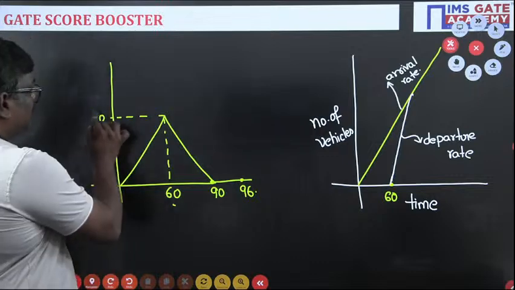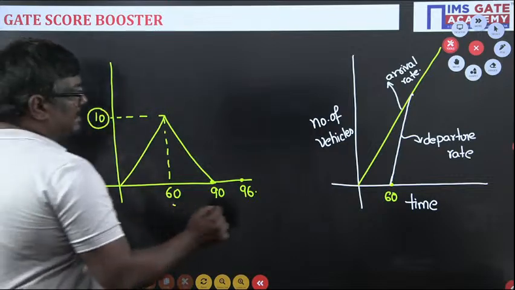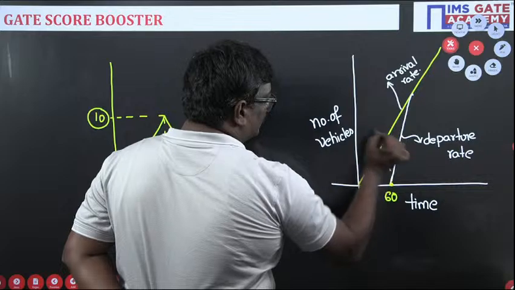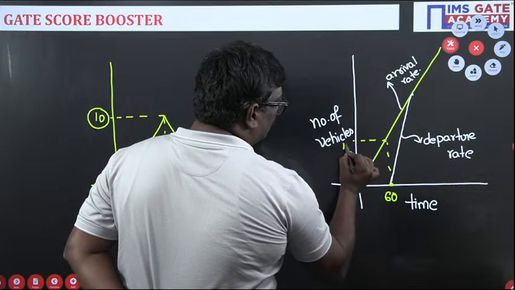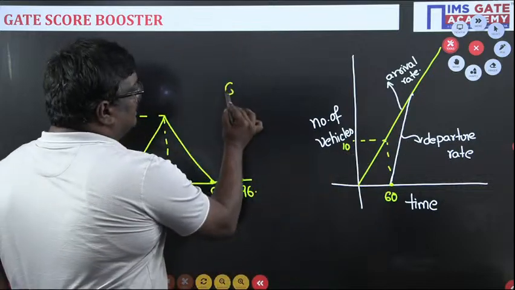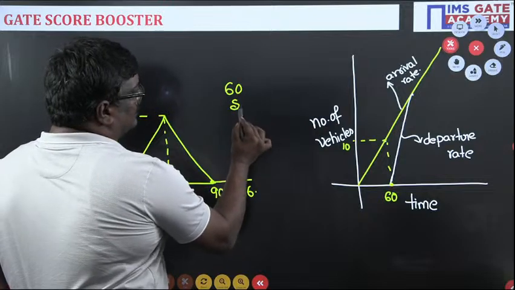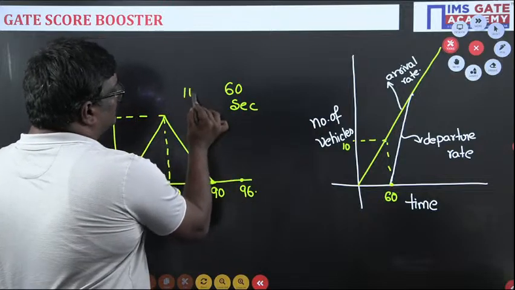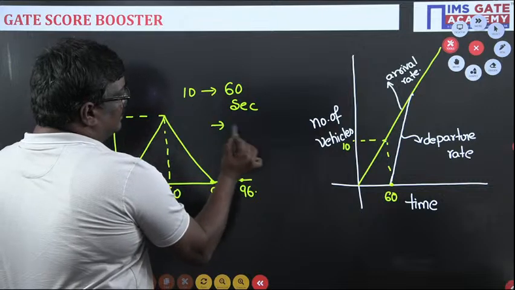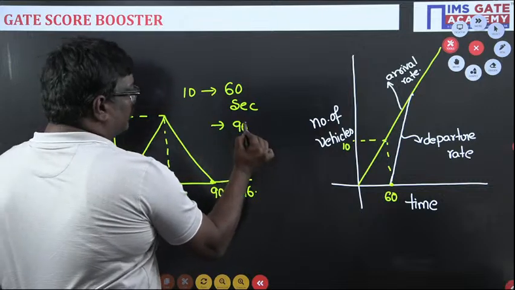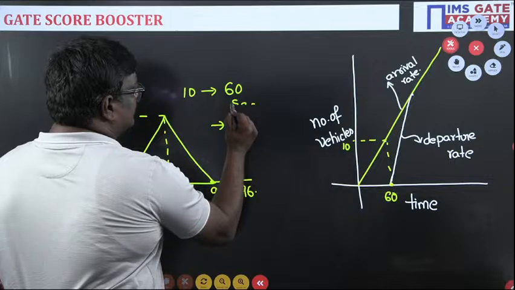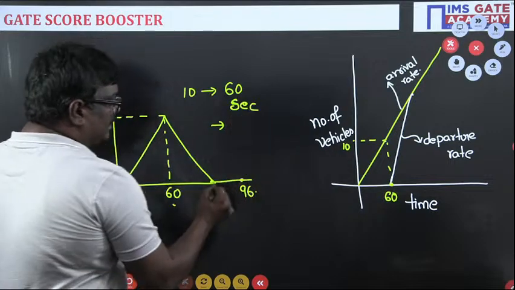Now see, this value is 10. For 60 seconds, number of vehicles n is equal to 10. First we will do it for 90 and 96. Okay, they have given 90 and 96, right?